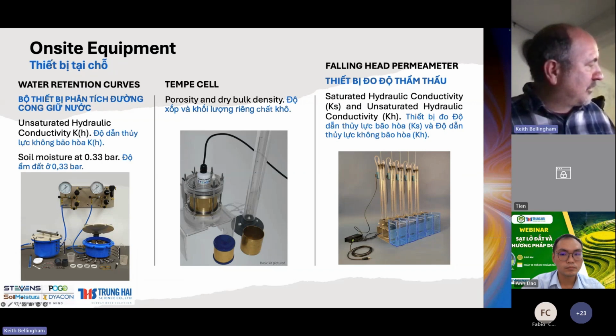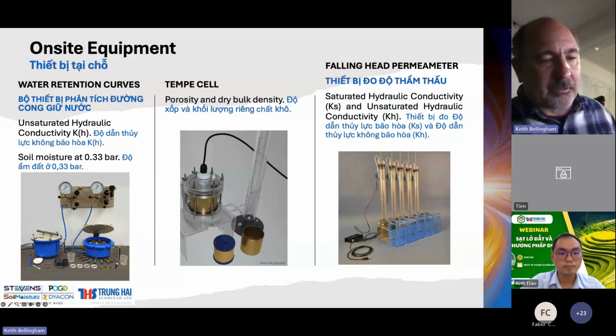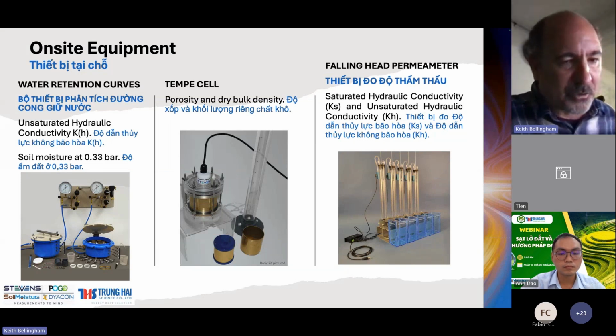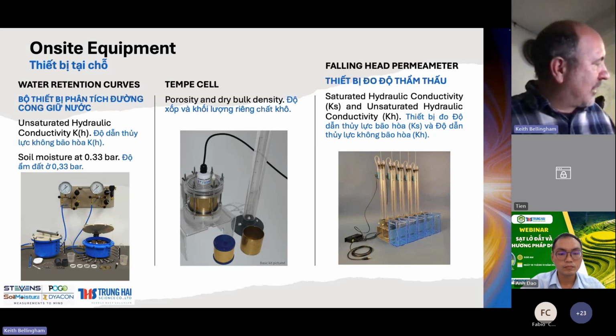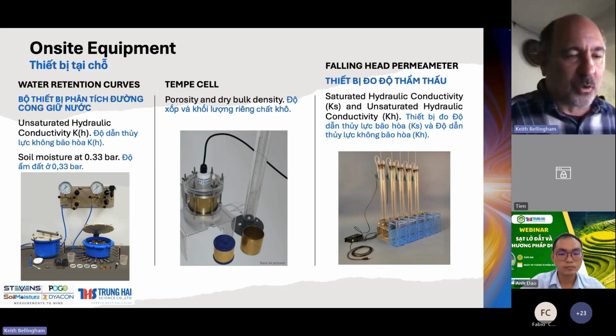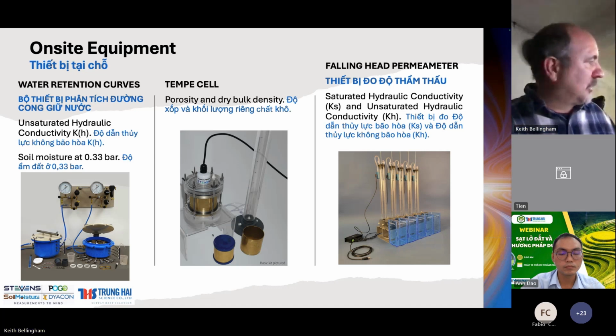And the pressure can be applied to these chambers. It can blow the water out the bottom, and you can condition the soil to be a certain matrix potential, and then calculate the volumetric water content, and then start creating points for the soil water retention curve for that particular soil.